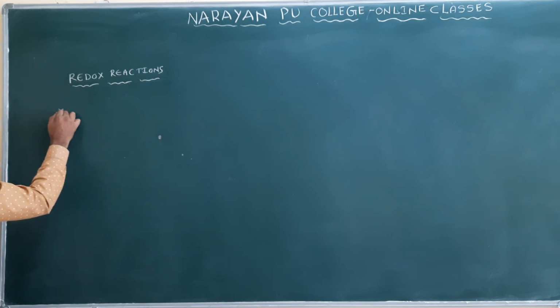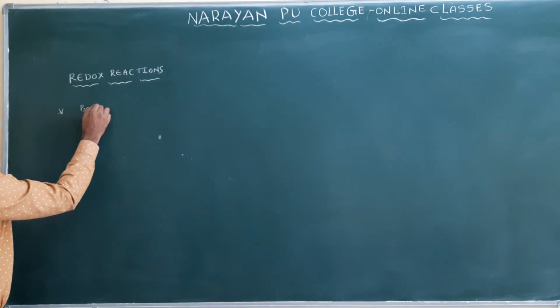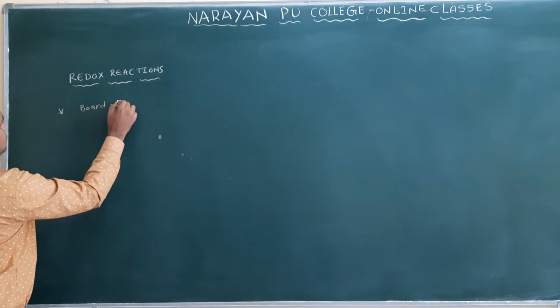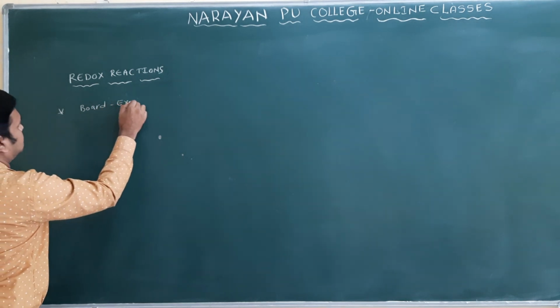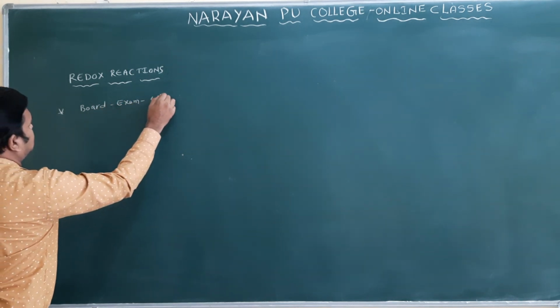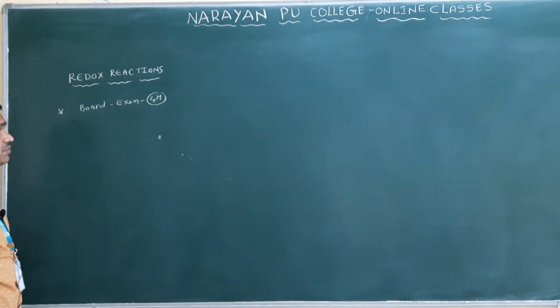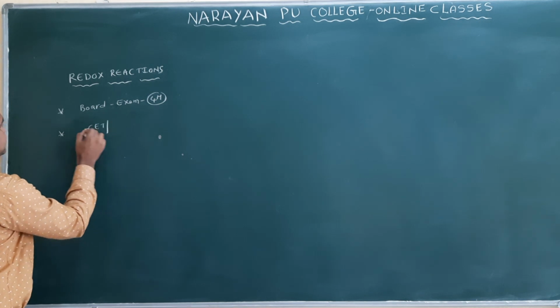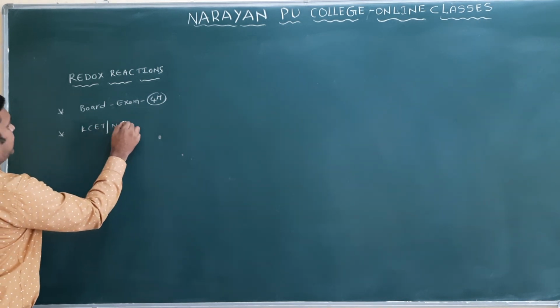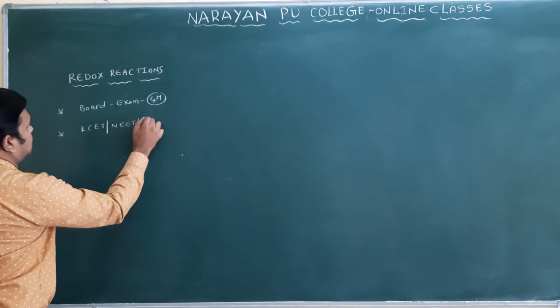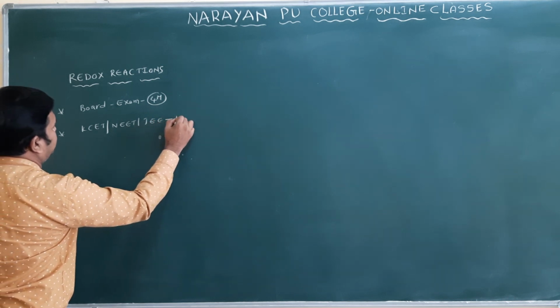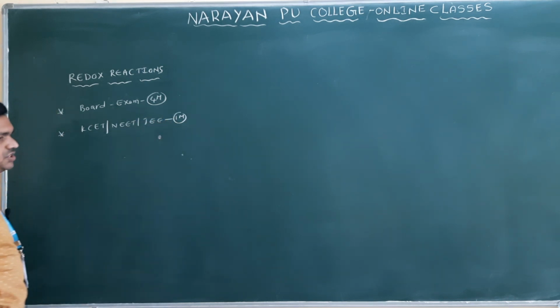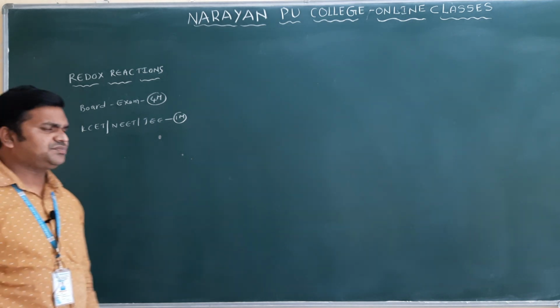For the PU board exam, we have 4 marks weightage of this chapter, and if you take KCET or NEET or JEE Mains, maybe you will get one question from this chapter.